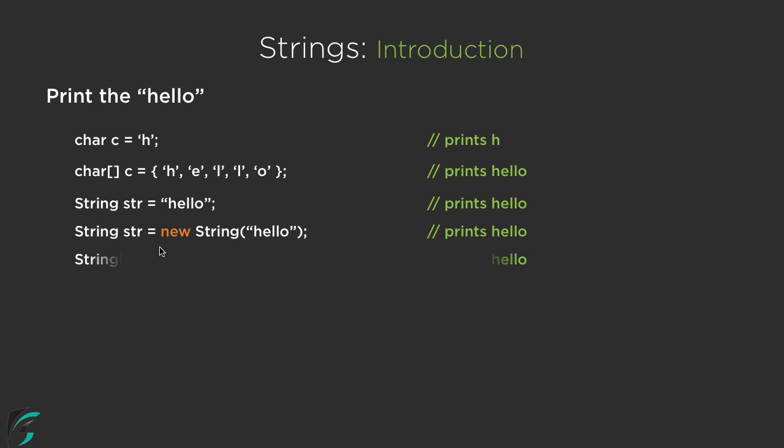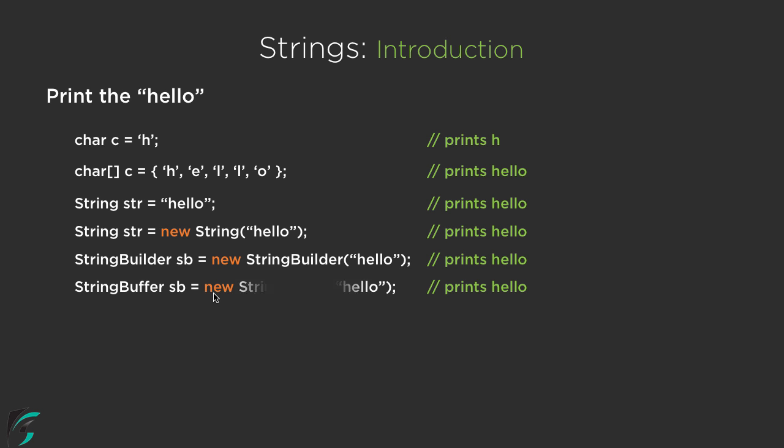Proceeding forward, we have another class, the StringBuilder class. We have StringBuilder sb equal to new StringBuilder, and in the constructor we pass hello as the string. At last we have one more class, StringBuffer, equal to new StringBuffer, and here again we pass the hello string as a parameter.